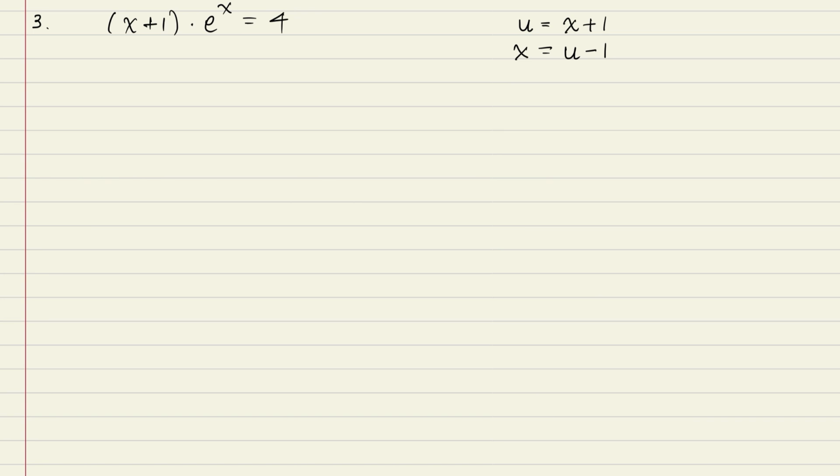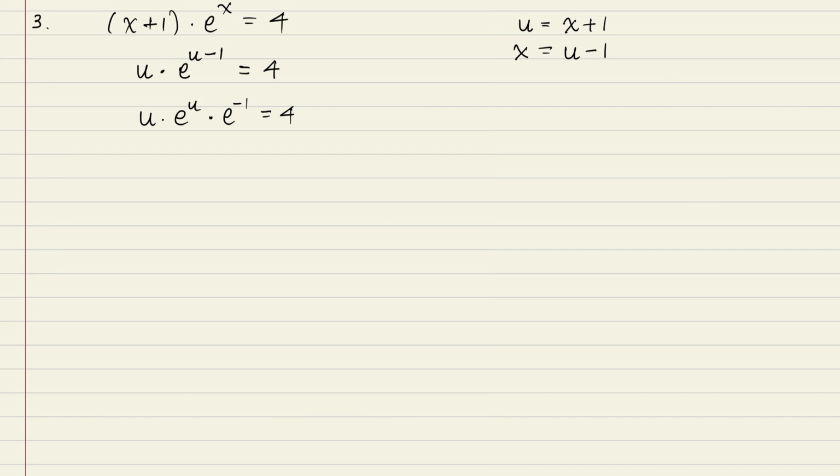Now let's substitute. So I'm going to have u multiplied by e to the power u minus 1, and that's equal to 4. Now I can use exponent rules to break up the u minus 1. So u multiplied by e to the u multiplied by e to the power minus 1 is equal to 4.